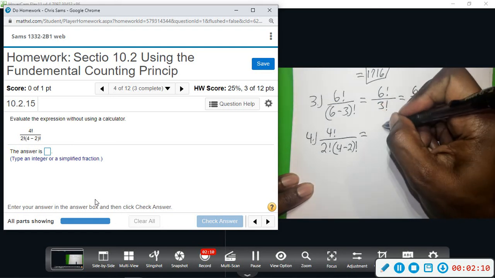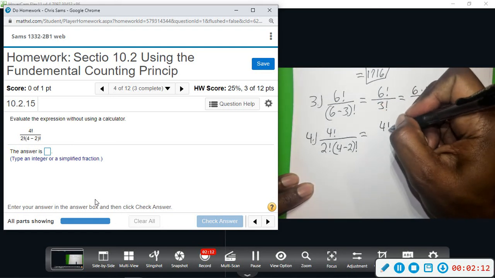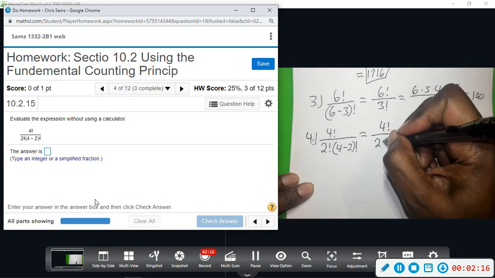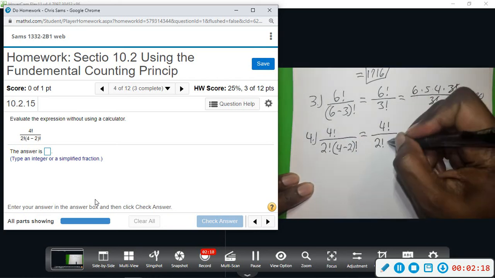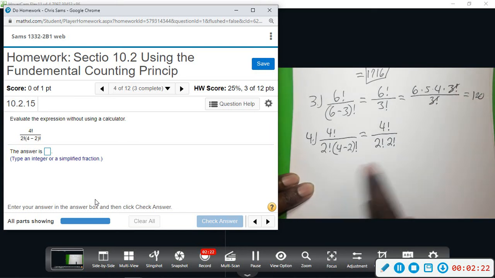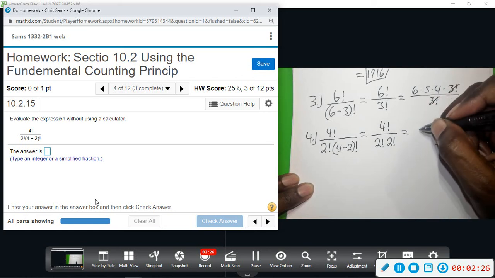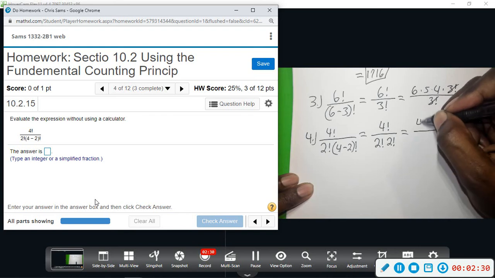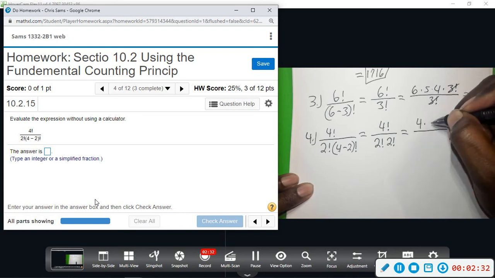On the top we have 4 factorial, on the bottom this 2 factorial. I'll leave it alone. 4 minus 2 is another 2 factorial. So these two side by side, we just have to multiply them. Alright, so I'm going to start spelling out the top. 4 factorial is 4 times 3 times 2.